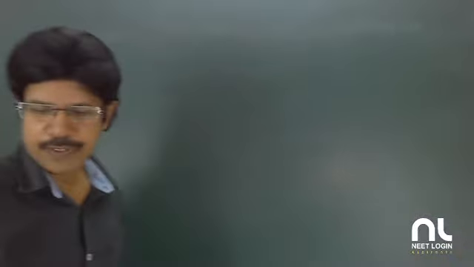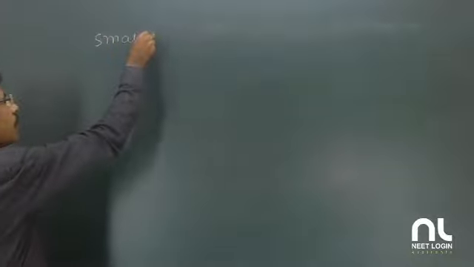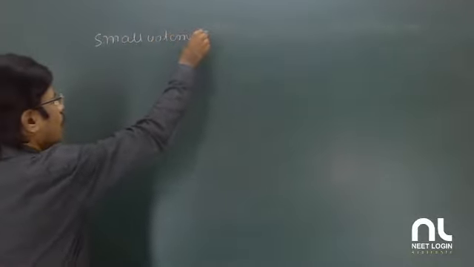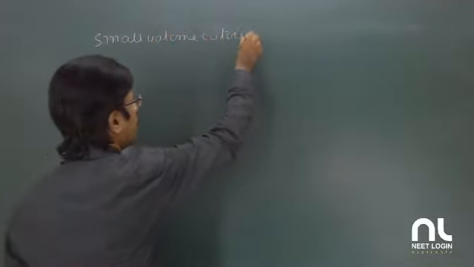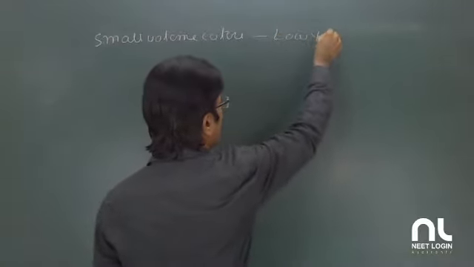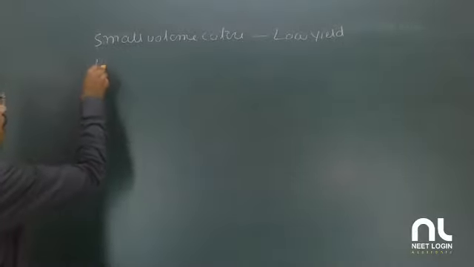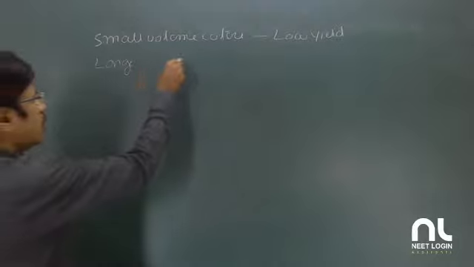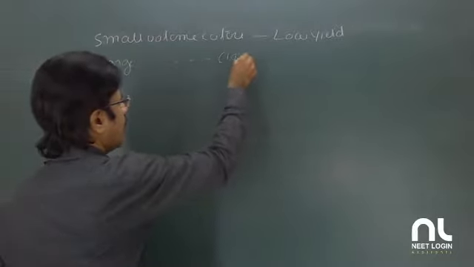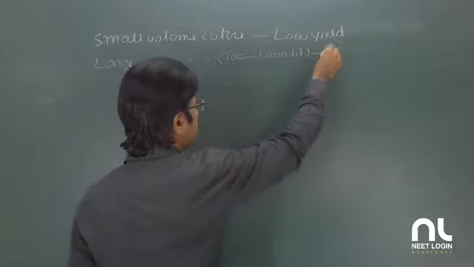If you take small volume cultures, it is low yield. Large volume cultures, that is 100 to 1000 liters, are processed.